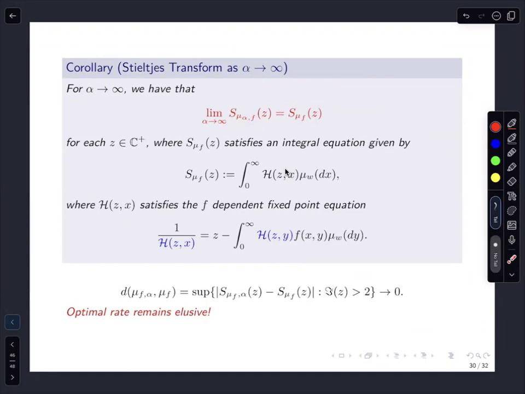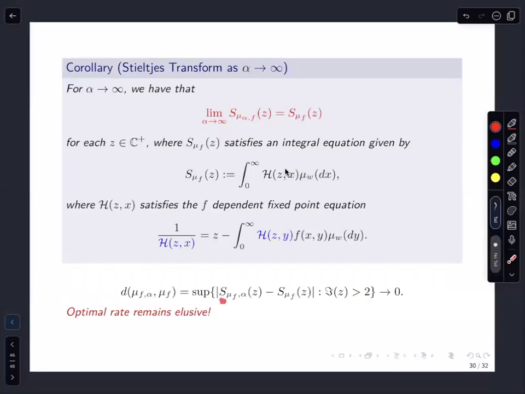Now, the thing we were missing here is, what is the error in the convergence? There is this nice metric which you can define on the space of probability measures. You take these two measures and compare the Stieltjes transform of the dense case with that of the sparse case for all imaginary z greater than 2, so bounded away from 0.